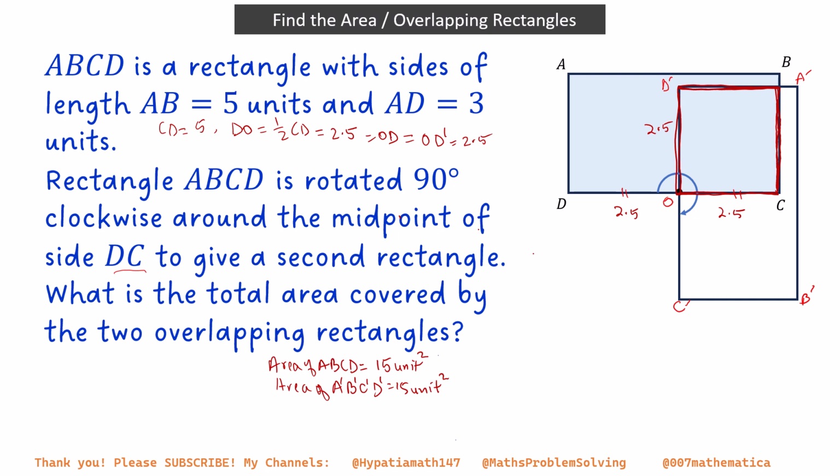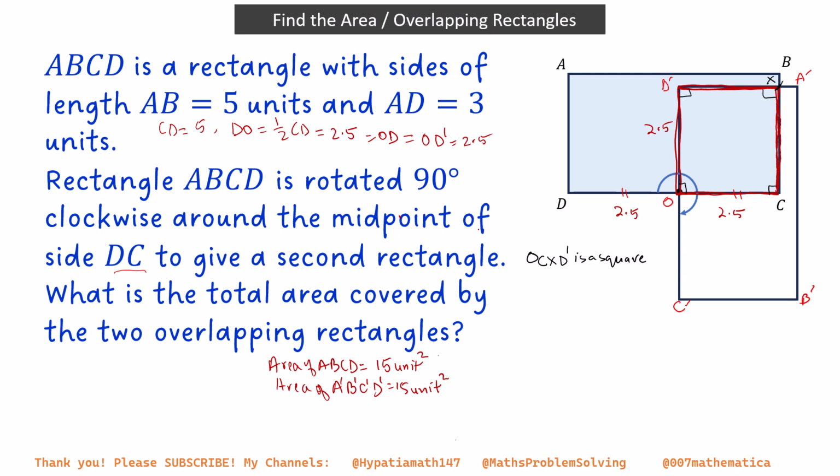If I say X is this point, then CX is equal to OD dashed, so OCXD dashed is a square, right, because OD is equal to OC, and these are all right angles.